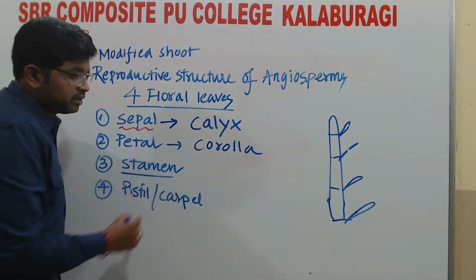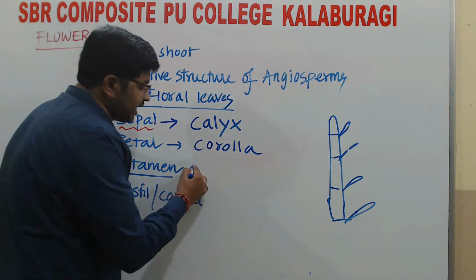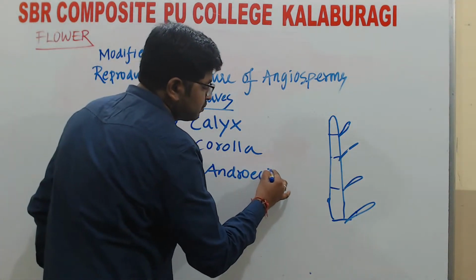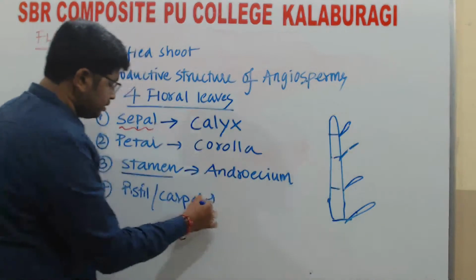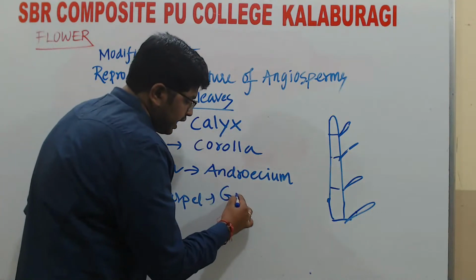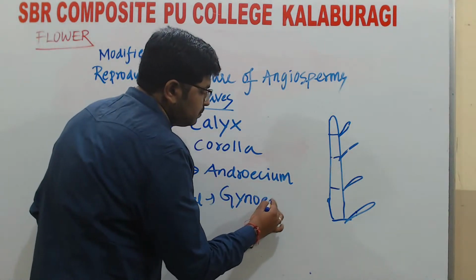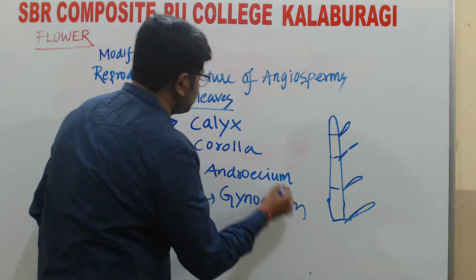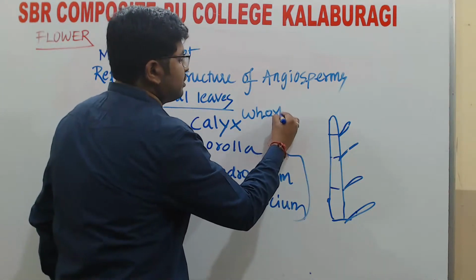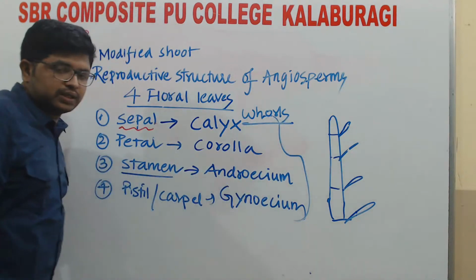And stamens, collection of stamens, we call androecium. And the collection of pistil or carpel, we call gynoecium. Okay, so these are the four whorls. Remember this.